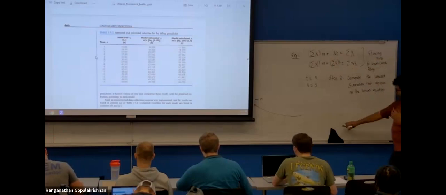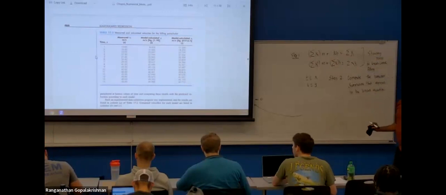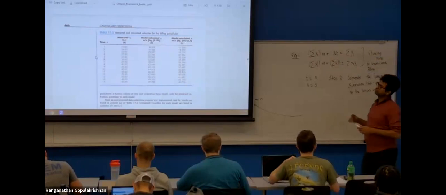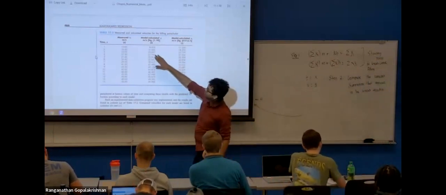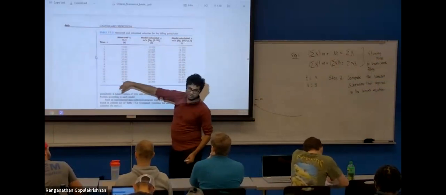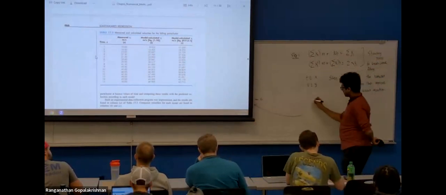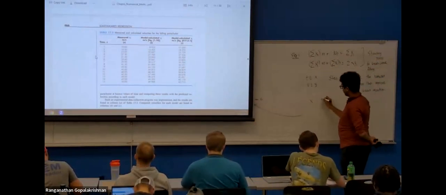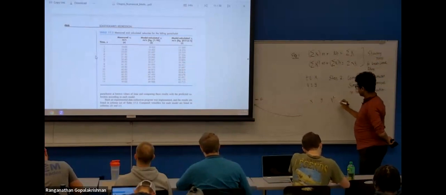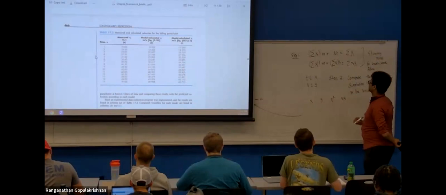So in your solution, if you're doing this on the exam, assume that this table will be printed and given to you. Your x and y are right there. So what you want to do is start from x, y, x squared, and then xy.